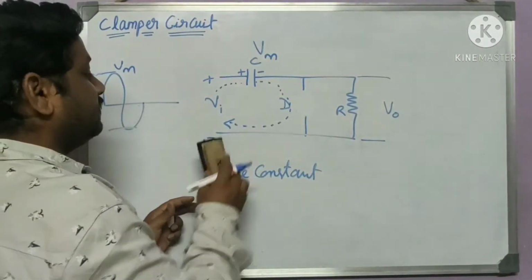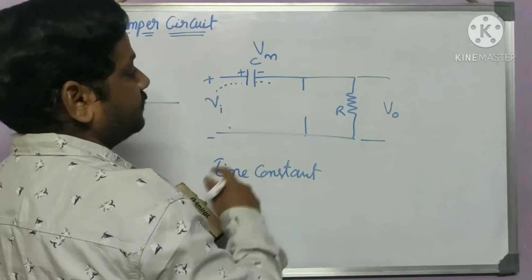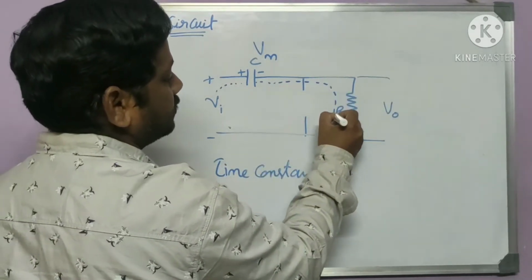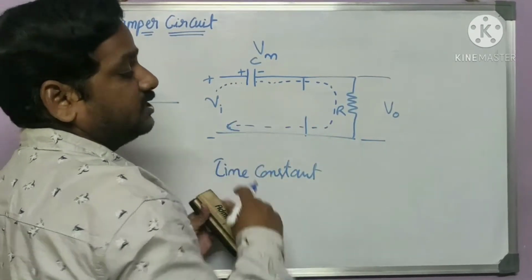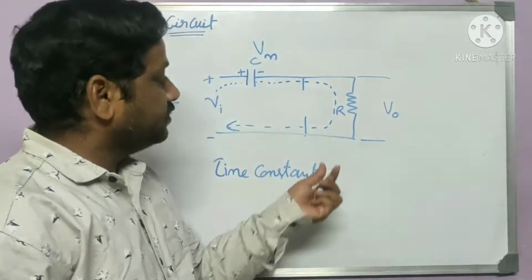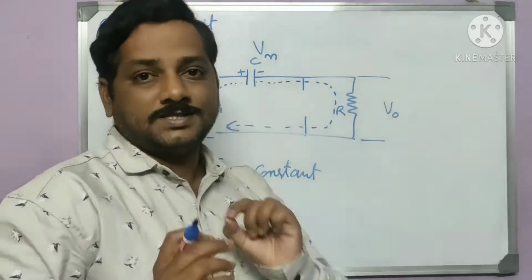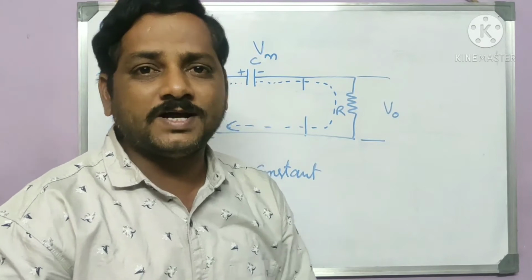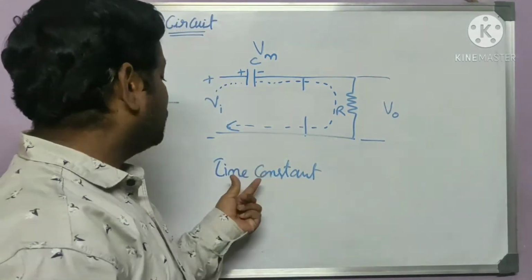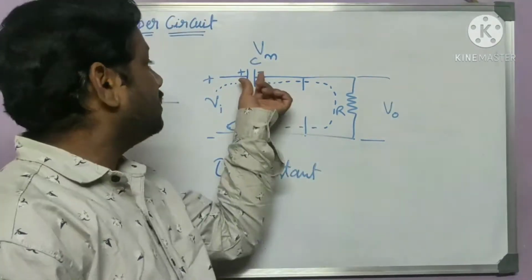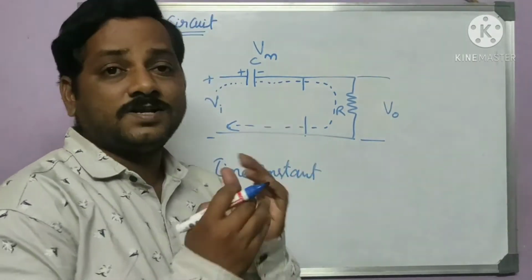So at that time, the current will not flow like this. The path of current will be through the resistor. So we get the current like this. The circuit will be closed in this fashion. So now the output will be obtained at the resistance, but keep one point in mind. We considered that the time constant is very high. The values we selected are very large.